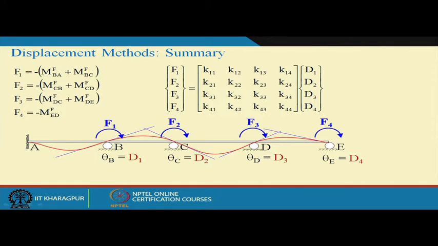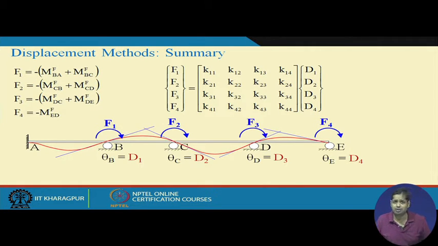This is the summary of the displacement method that we have already learned. You have a beam, a structure here, and this is true for any structure. The degrees of freedom that we are interested in this structure are 4: rotation at B, rotation at C, rotation at D, and rotation at E. So theta B, theta C, theta D, and theta E are the degrees of freedom.